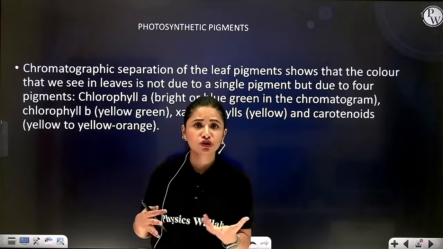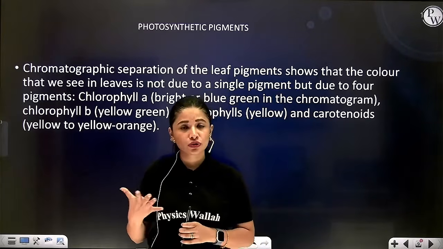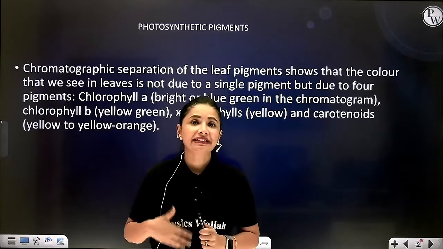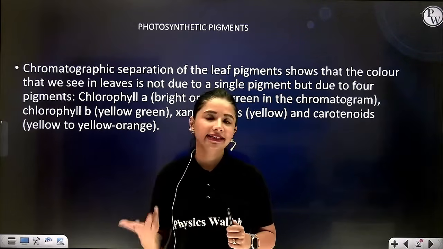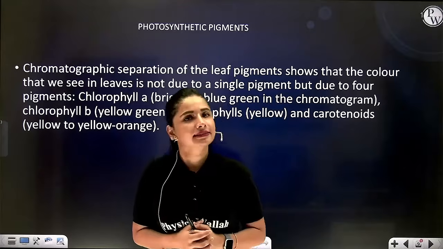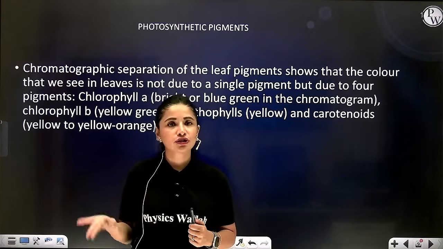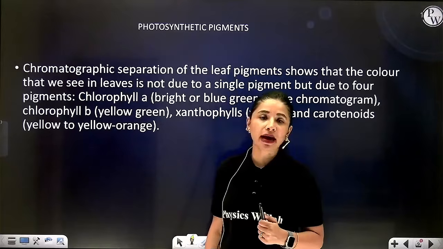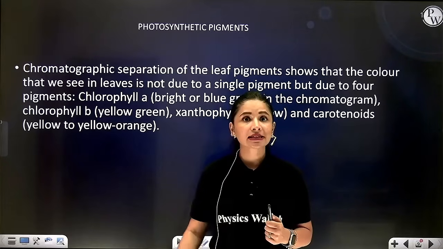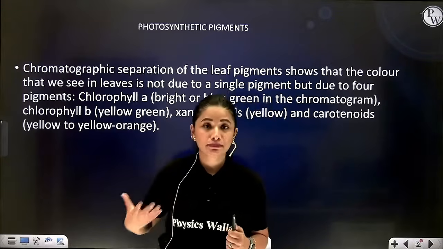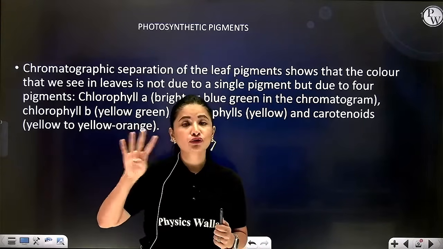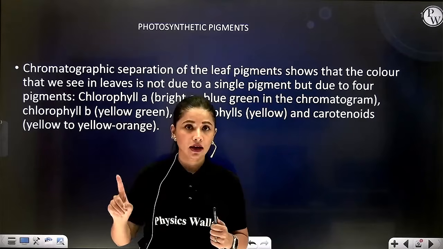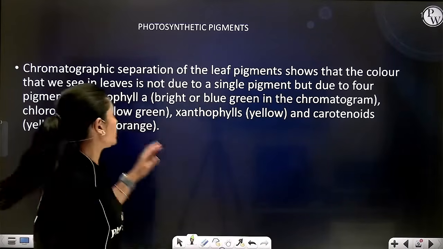This is one of the most common experiments which students of class 12th or 11th are asked to do in their practicals, in their laboratories, etc. So with the help of paper chromatography, scientists deduced that there are 4 photosynthetic pigments found in higher plants. Correct? Now let's see.